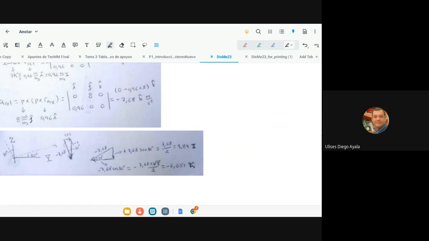Otherwise, it's very easy for me to get confused. So I see carefully which is the axle, and then identify which would be this one. So we're converting this into capital letters. We first made it with the lower letters to make it easier to calculate, and later we convert.